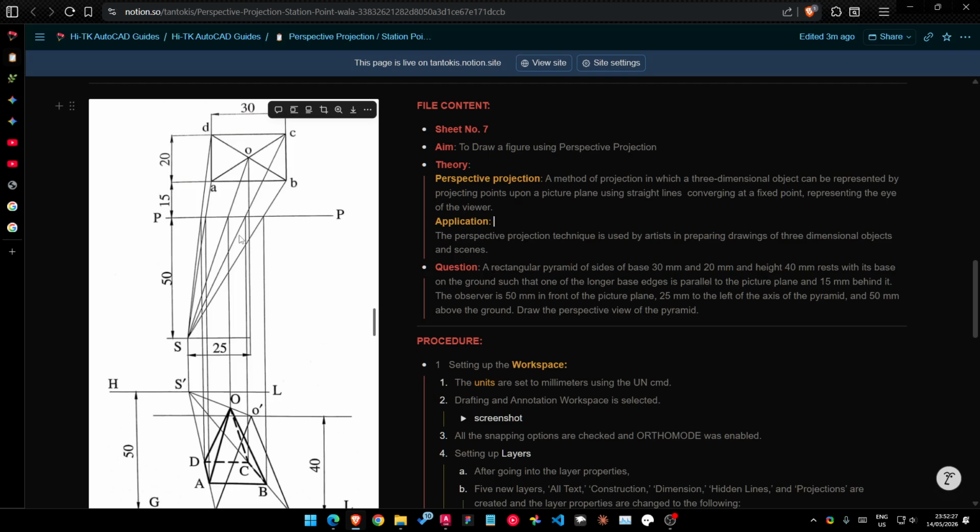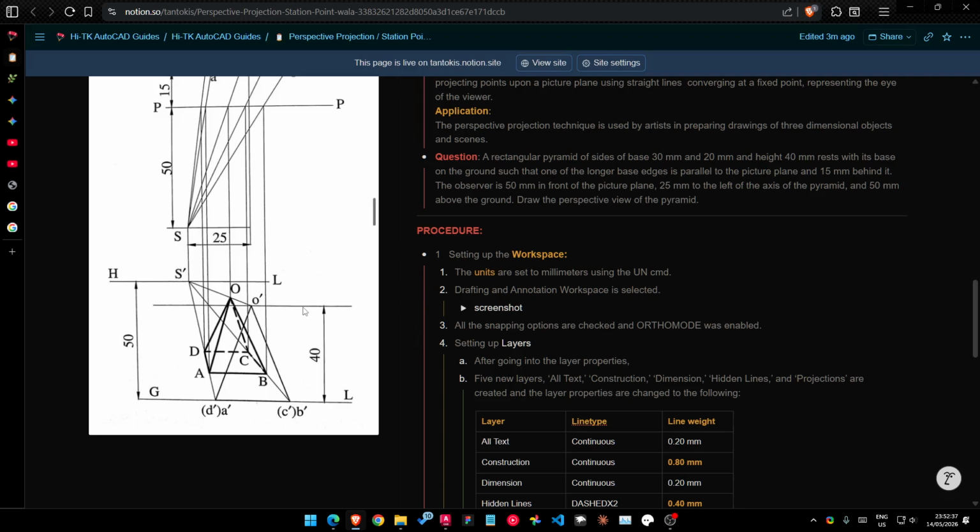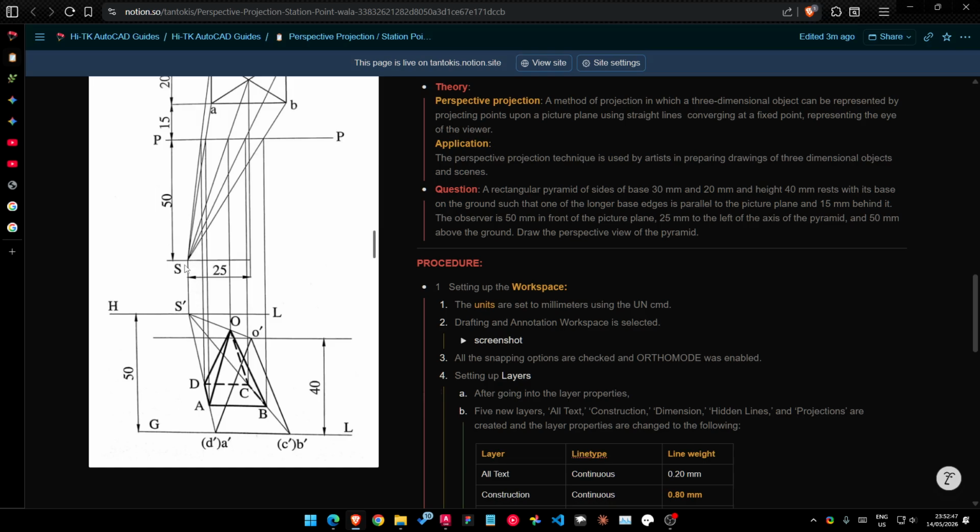1, 2, 3, 4, 5, and 6. It's 5, yes, of course it's 5. And after this, we drew S dash, which is at an arbitrary length.